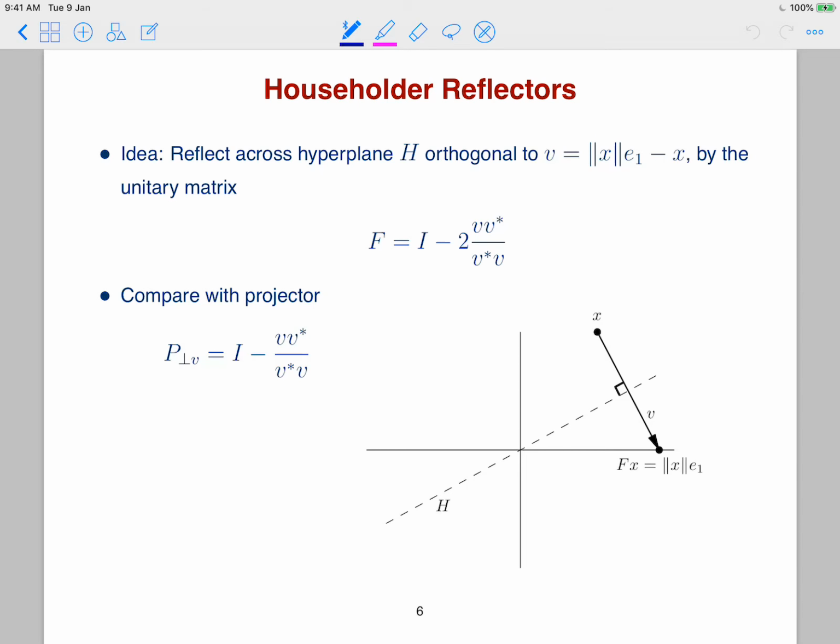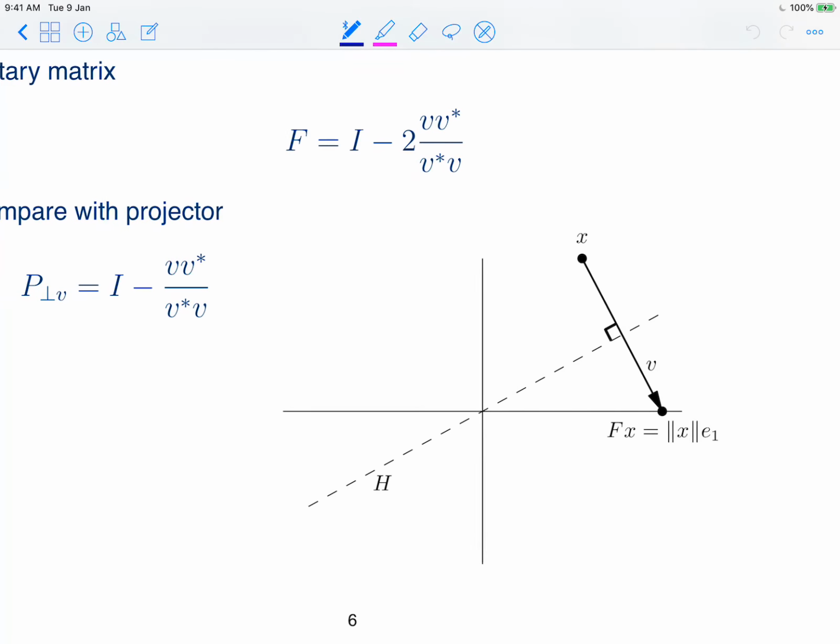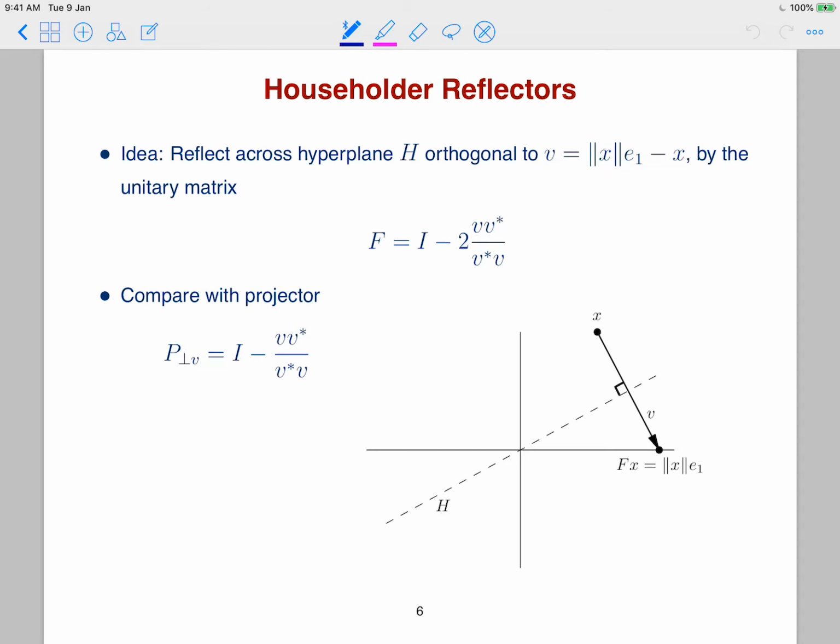Let's think of this kind of scenario where we are given some hyperplane H. That hyperplane has the normal vector v.